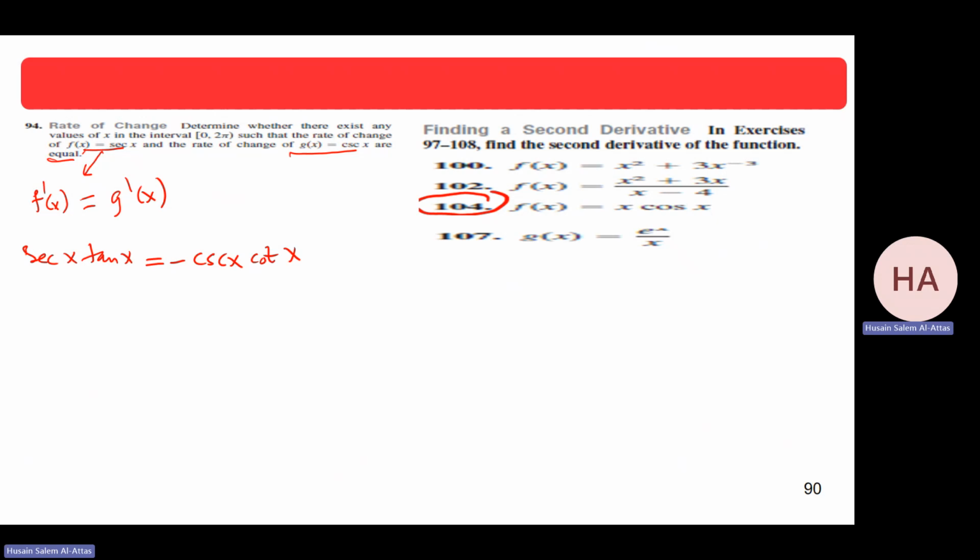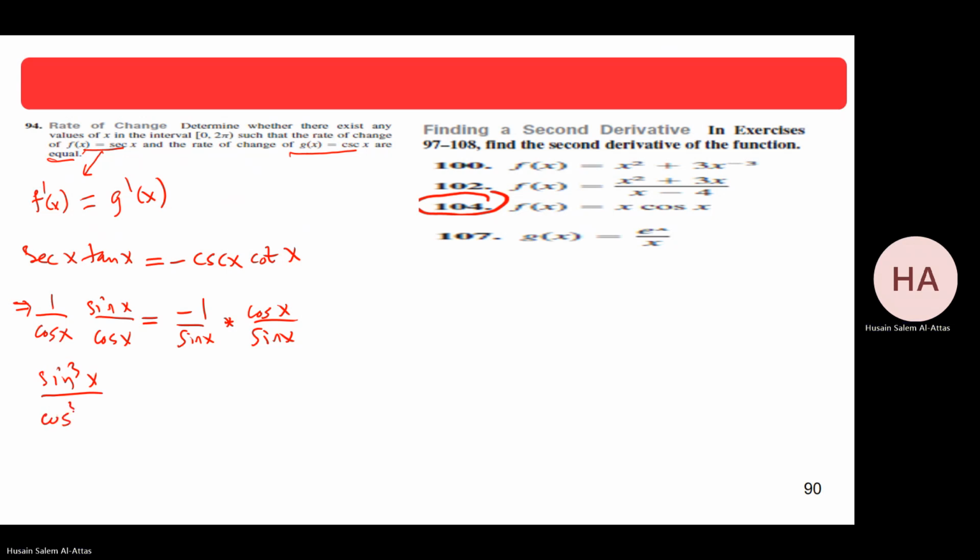To be sure, I can change everything into sine and cosine. So that will be 1 over cosine times sine over cosine equals minus 1 over sine times cosine over sine. Now multiply this by this. You have sine cubed over cosine cubed equal to minus 1.